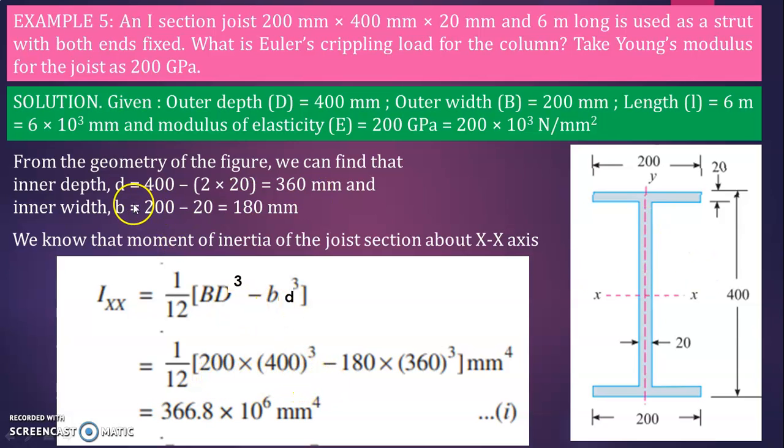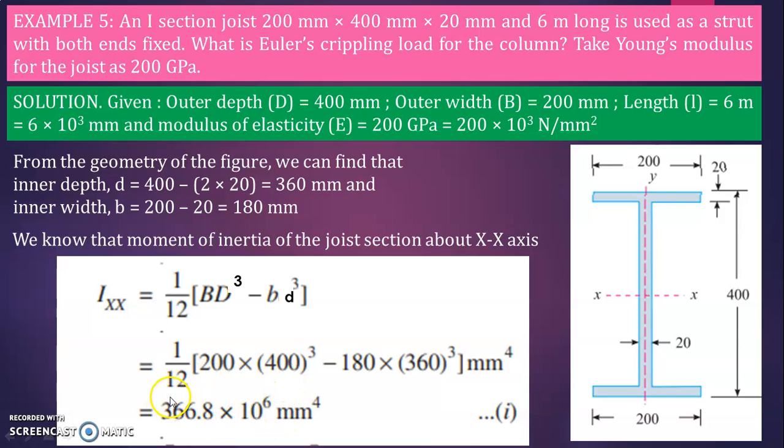Total B is 200, we have to deduct this portion, we want only this, that is 200 minus 20, 180, into small d, this depth, that is 400 minus 40, 360 cube. Simplify this and you get 366.8 into 10 raised to 6 mm4.